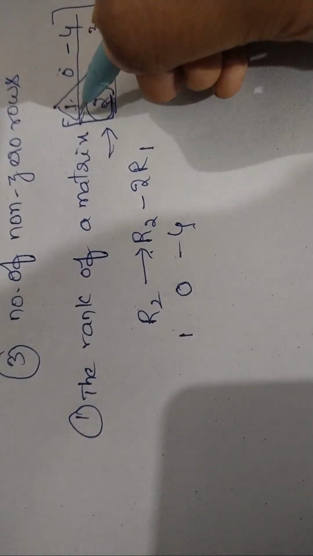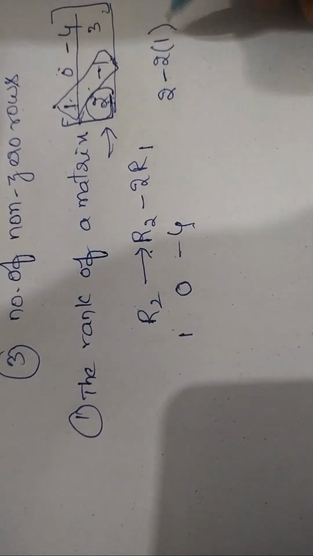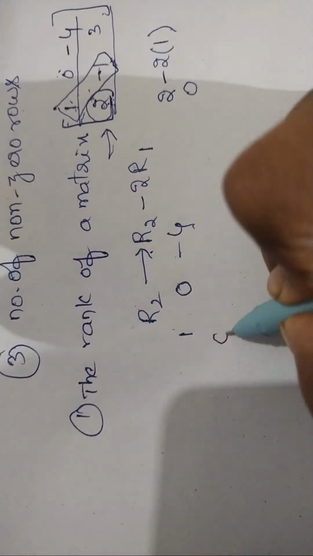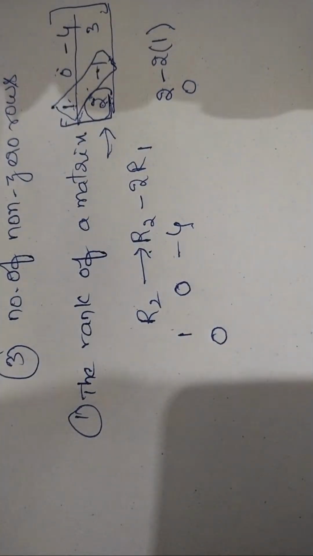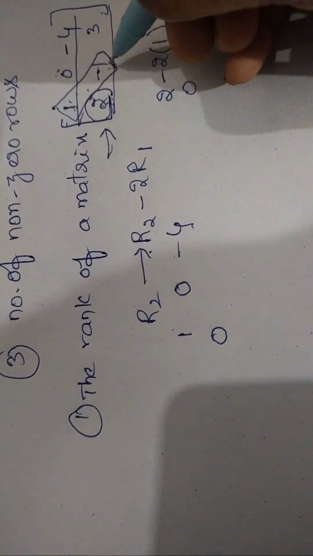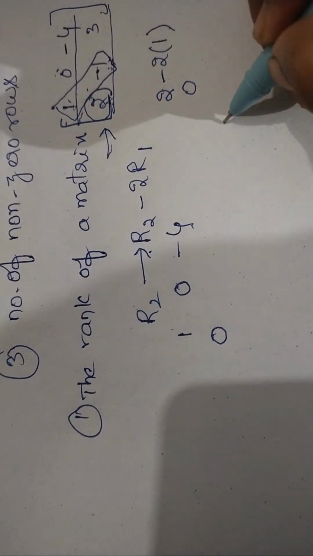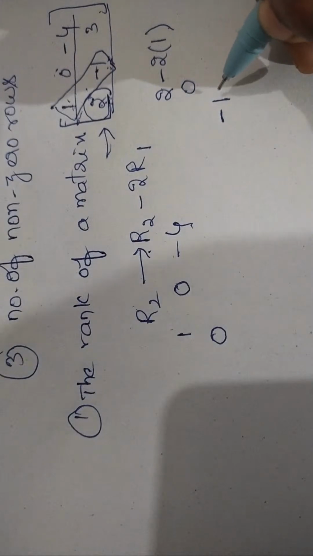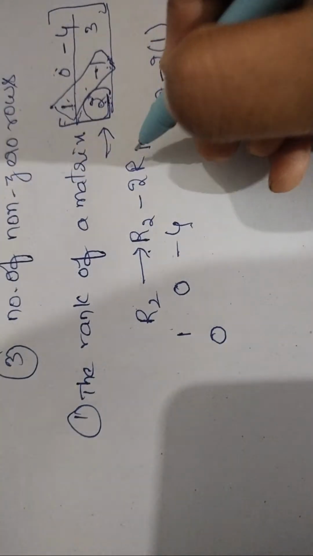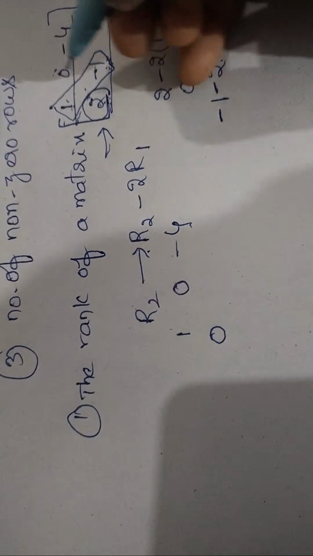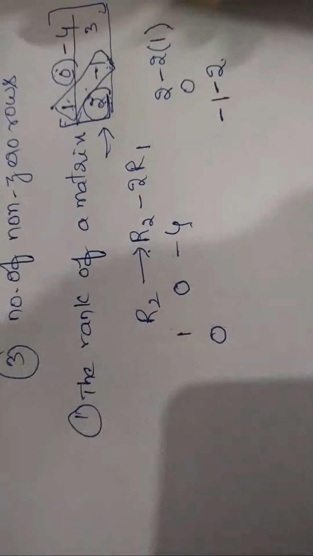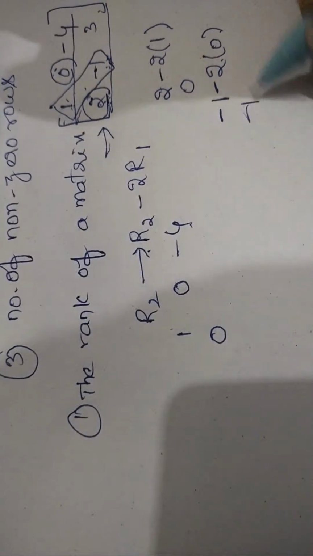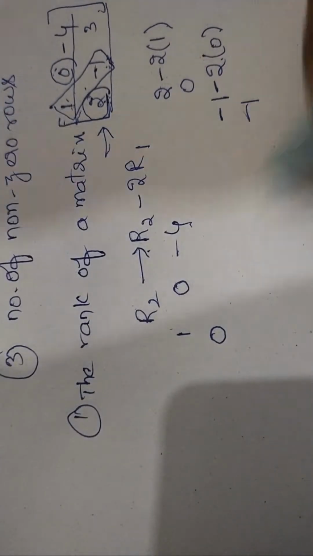What is the R1 value here? 1. So 2 minus 2 is 0. I got 0 here. The next element is minus 1. So R2 is minus 1 minus 2 into R1. R1 here is 0, so 2 into 0 is 0, and minus 1 minus 0 is minus 1.